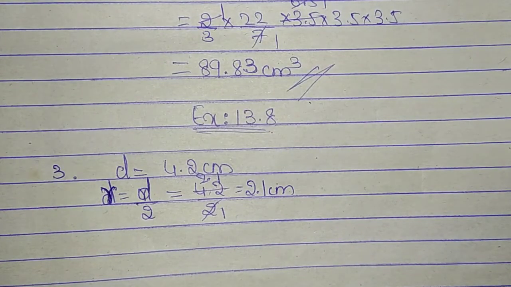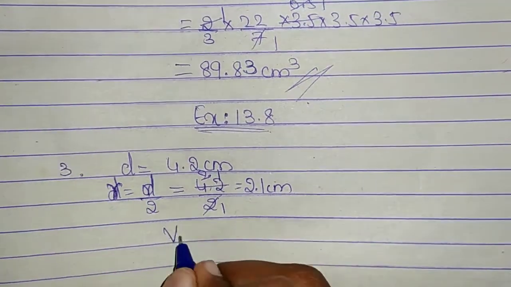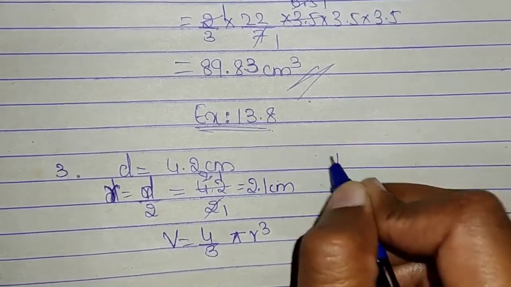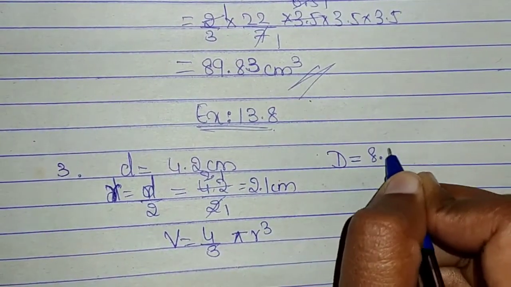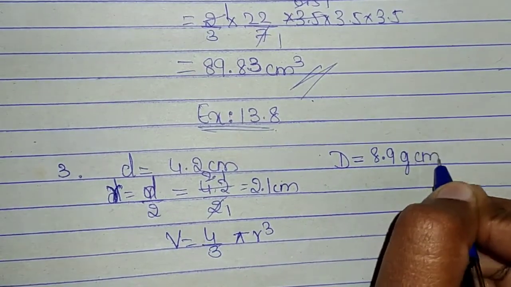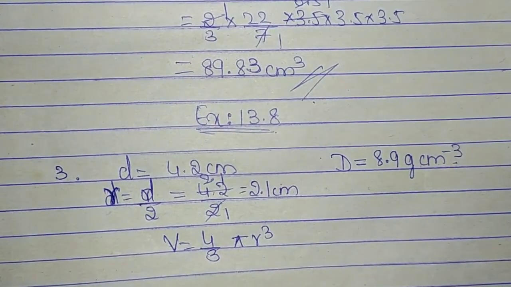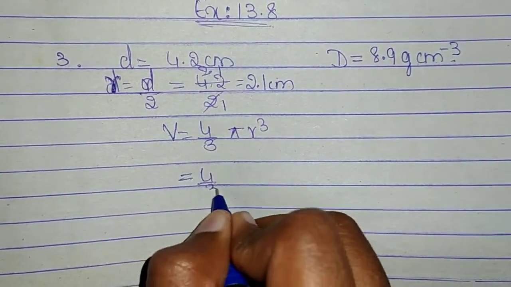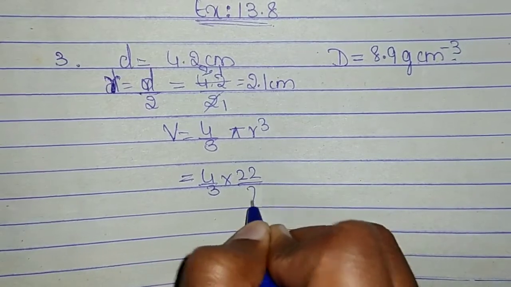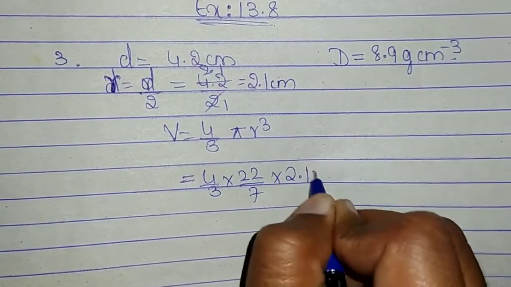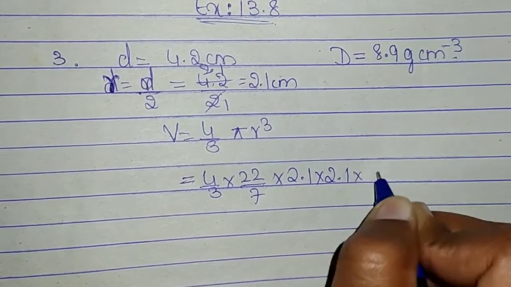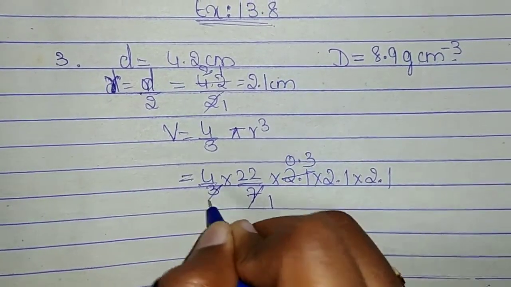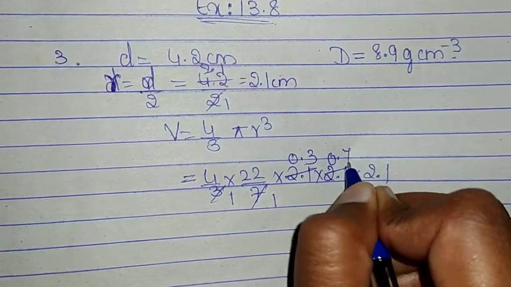Since it is a sphere, we can find its volume. Volume is equal to 4 by 3 pi r cube. They have given us density is equal to 8.9 gram per centimeter cube. So volume is 4 by 3 into 22 by 7 into 2.1 into 2.1 into 2.1. 7 ones are 7, 0.3s are 0.3, 3 ones are 3, 0.7s are 0.7.